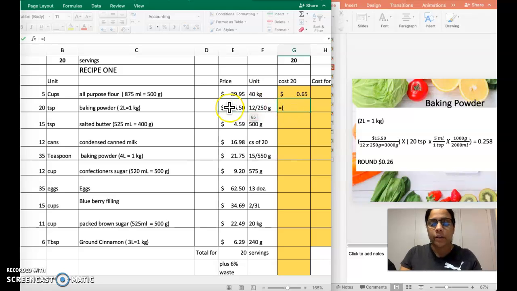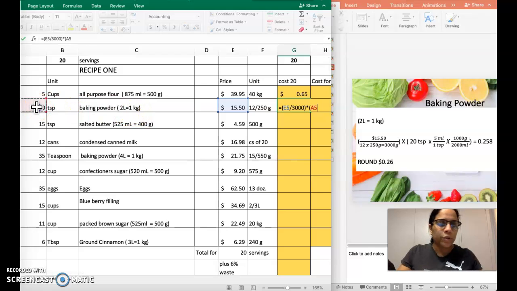equals sign, open bracket, the price divided by the unit, which is 12 times 250, which is 3,000 grams, close bracket, times open bracket.